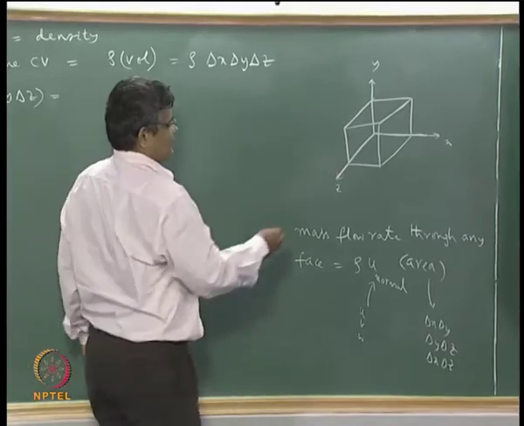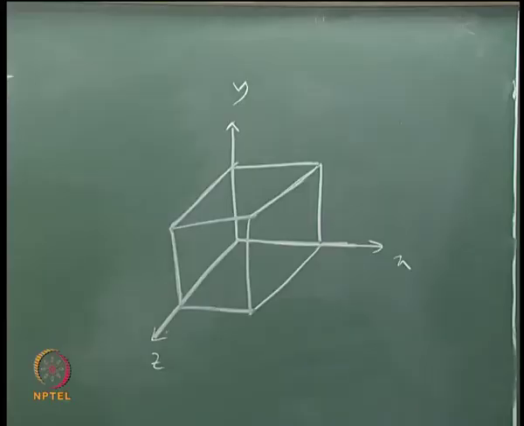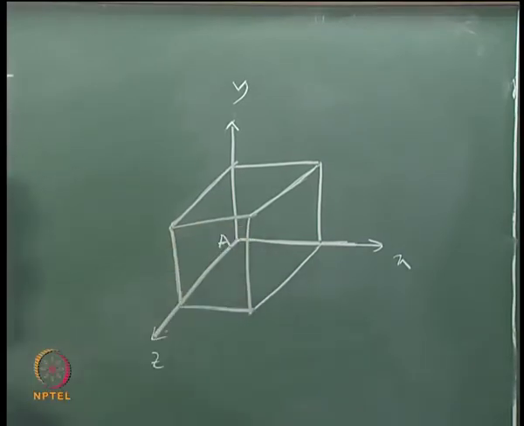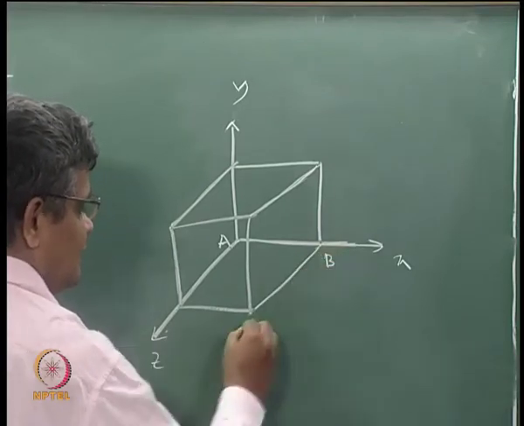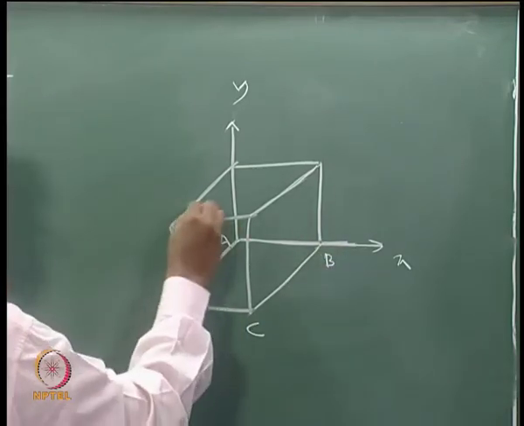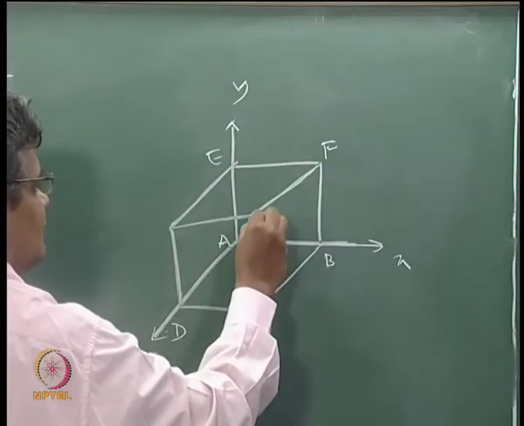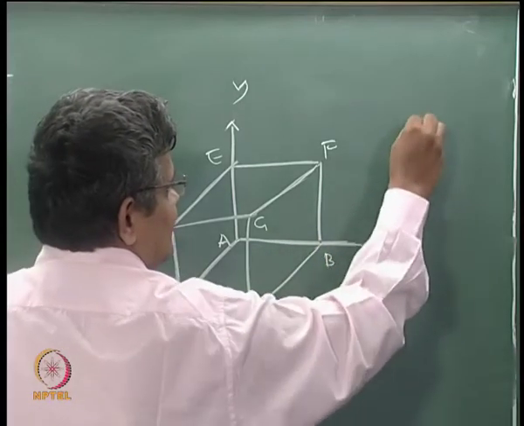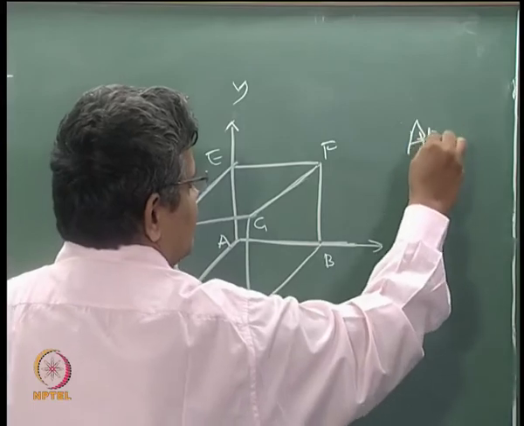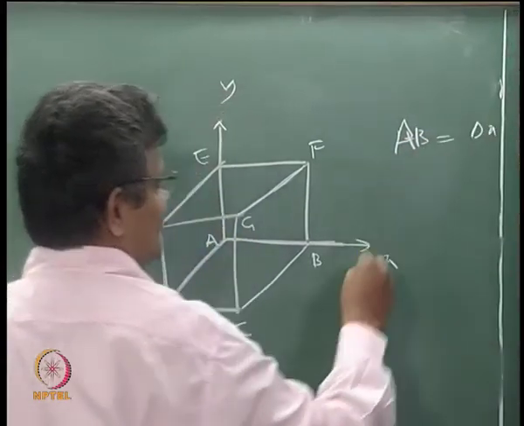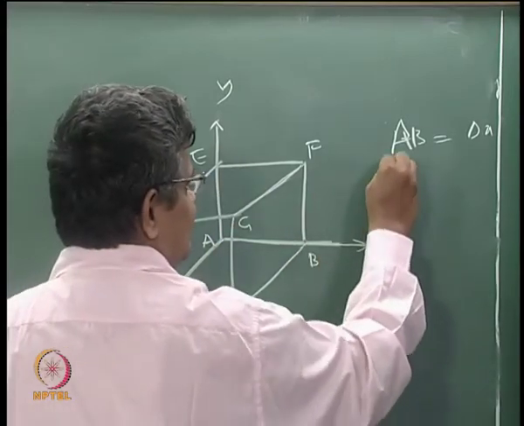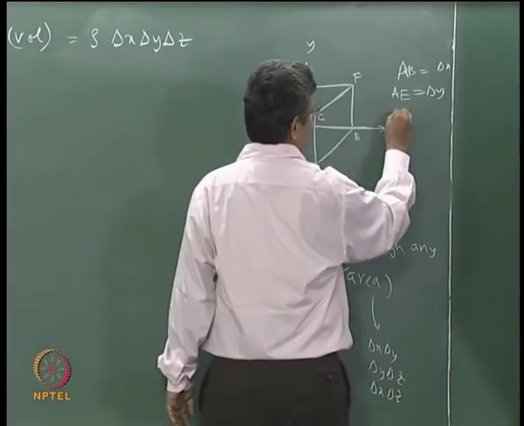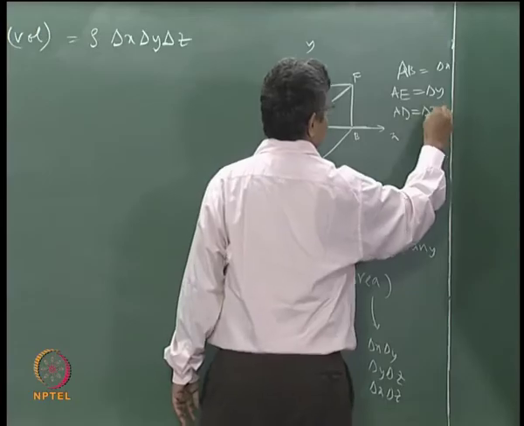So now let us put some identifiers for these vertices. We can start with this origin here as point A, this is B, C, D, and again E, F, G and H. We have already identified AB as being delta x, AE as being delta y, and AD as being delta z.